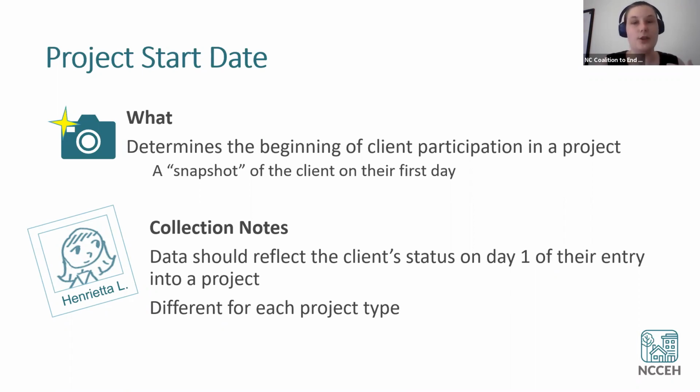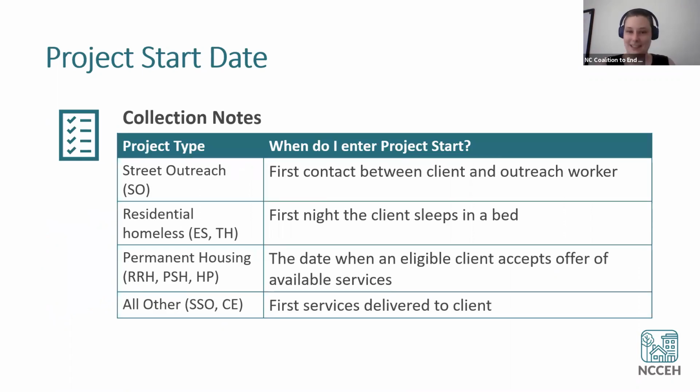You may hopefully feel really comfortable with what your project type start date is, but it's also important, as we're doing more and more coordination and collaboration of services, that you understand the other project type start dates as well. So first off, we've got street outreach, our first project type. And this is really looking at the first contact between client and outreach worker.